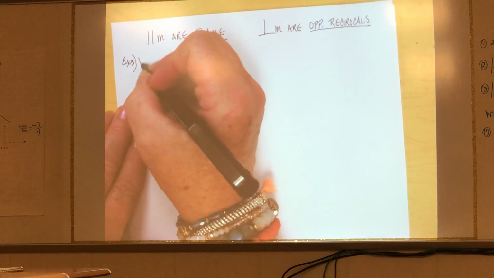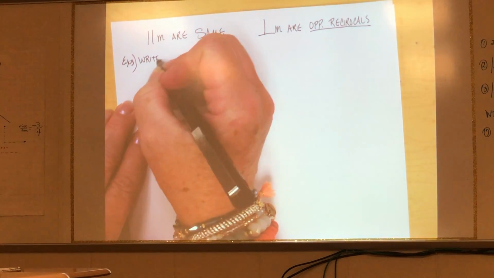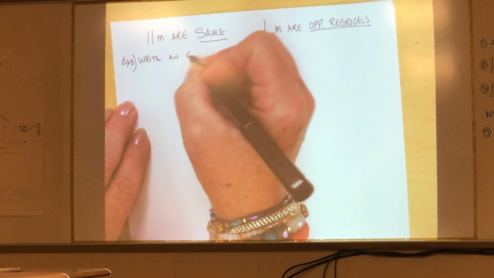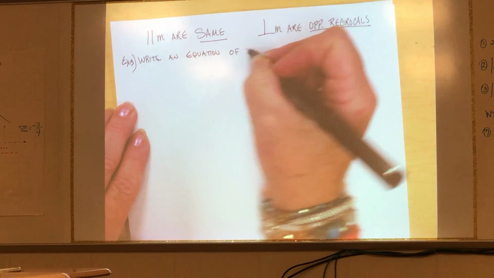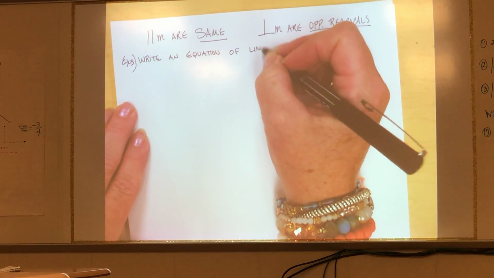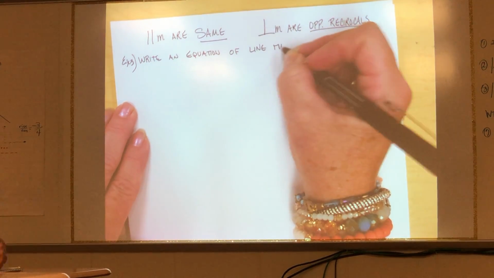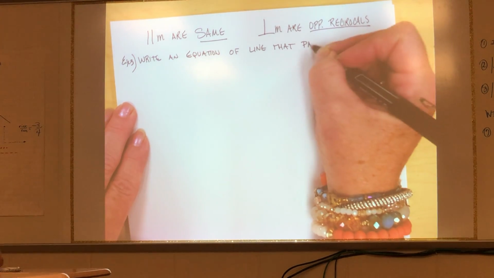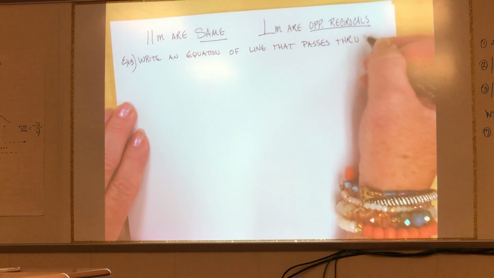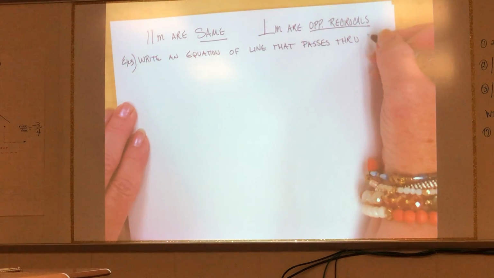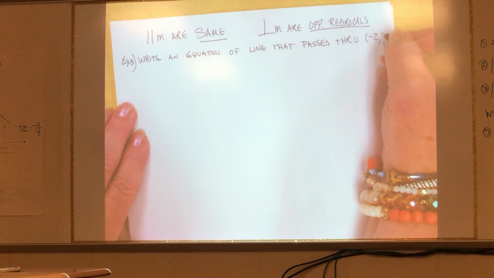Example 3 says, write an equation of a line that passes through -2, 3.